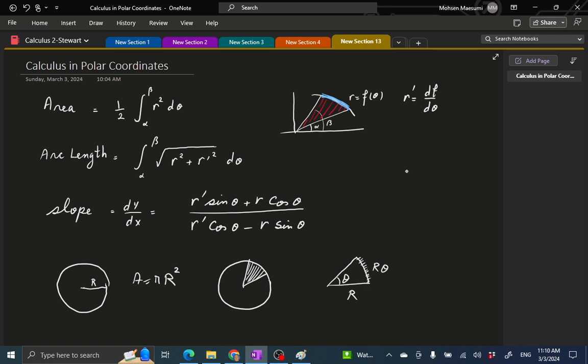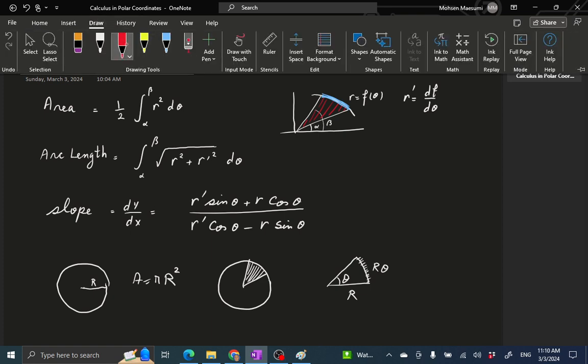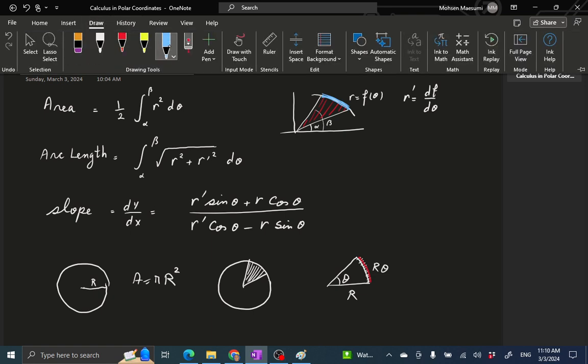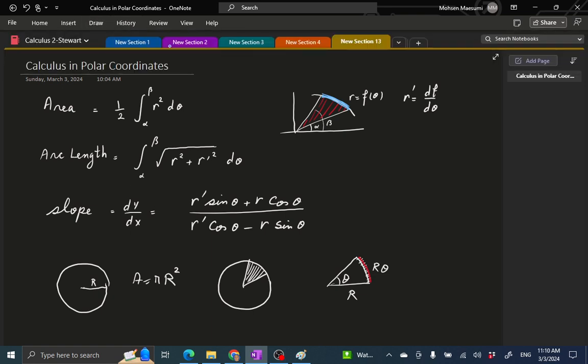What do we know about the area? Well, the area can be treated just like area of a triangle. That is the base times the height. Who acts as a base? Our base is just this side of the circle, and the height, well, any radius that you draw, all of them are the same length.